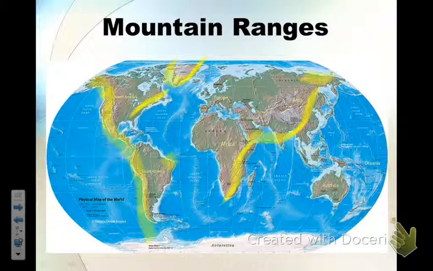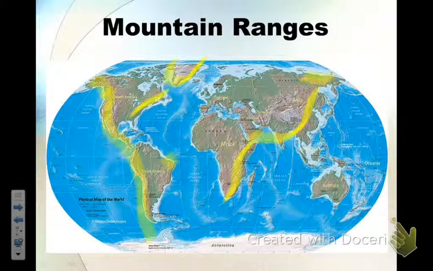Notice your map and notice where the plate boundaries are. And look at this picture of our world and look where our mountain ranges are. Starting to see a little bit of connection here?